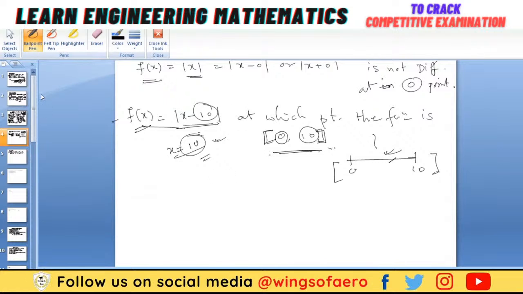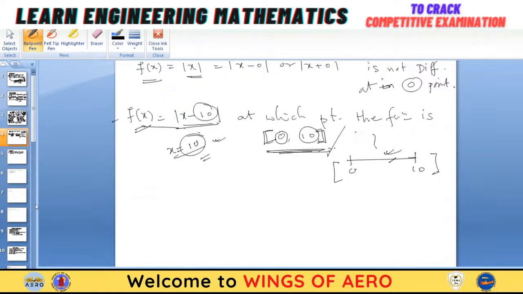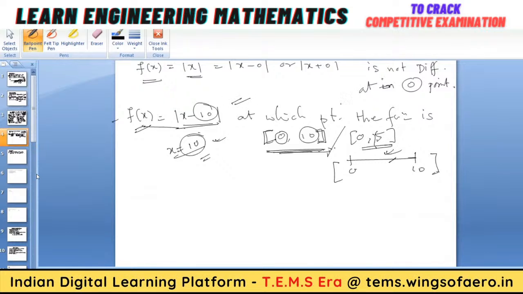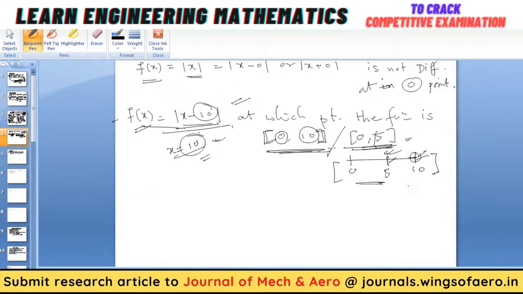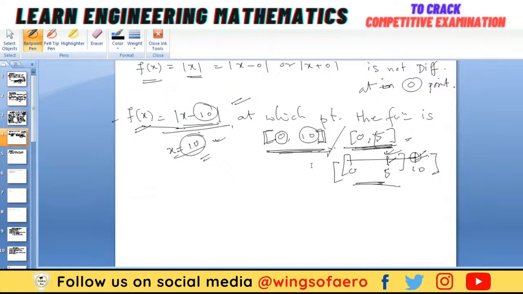That is, if this range 0 10 is replaced with 0 5, then obviously this function is differentiable in this range 0 5, because 0 5 is here, and this function mod of x minus 10 is not differentiable at this point.